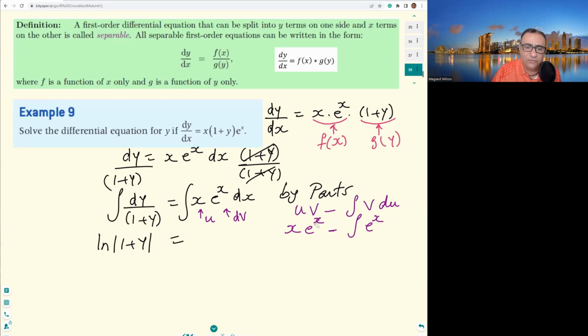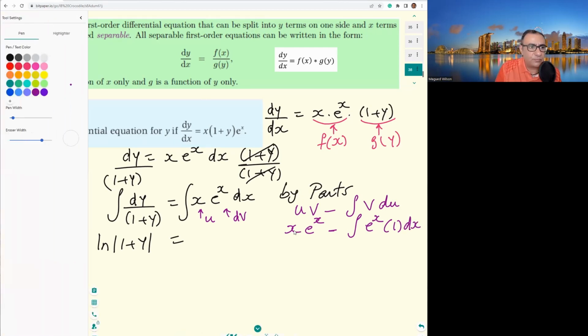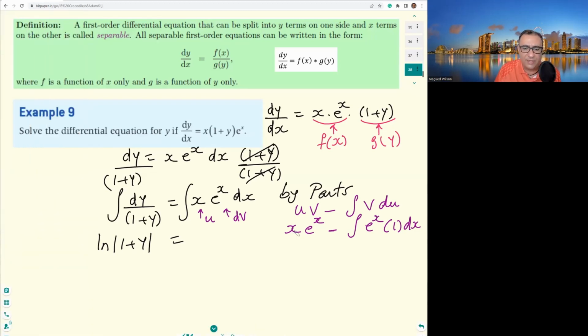And then du, if u is x, du is the derivative of x, which is 1. So I can say 1 dx if you want, it's up to you. Now we can rewrite the right-hand side as x e to the power of x minus the integration of e to the power of x dx.